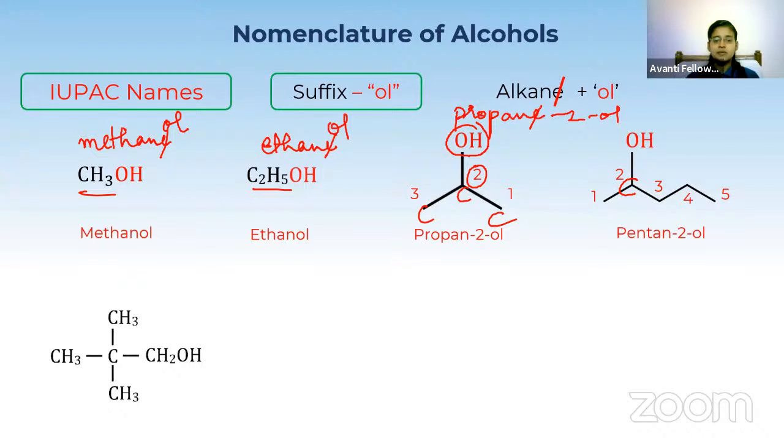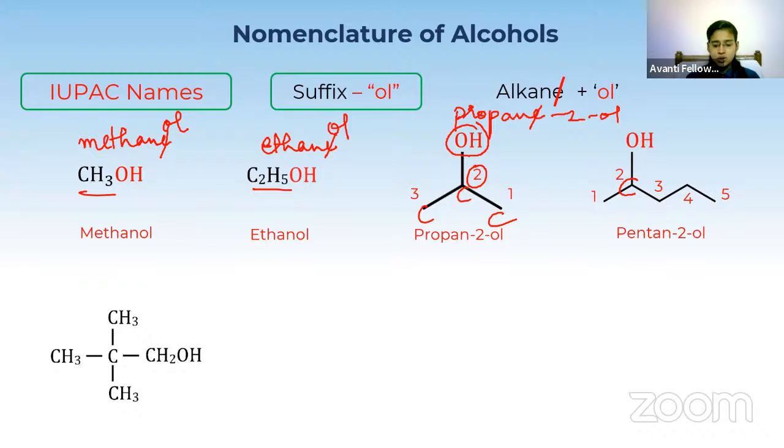What about this? Here we have a lot of branches, right? So first of all, you need to find the parent chain. Parent chain means the longest carbon containing chain, the chain with more number of carbon. Which is the longest chain here? And that longest chain should have the OH as a component.